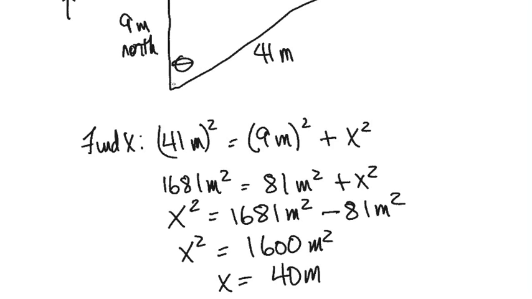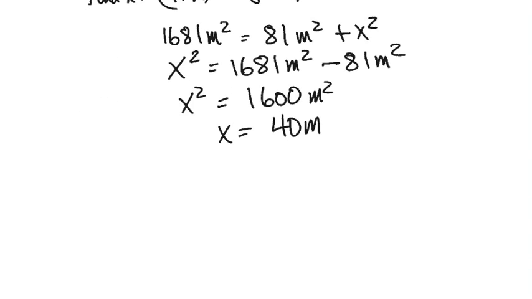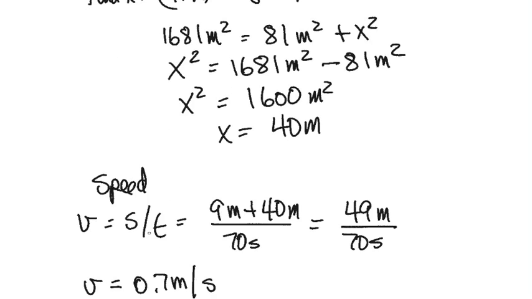So the boy walked 9 meters north, 40 meters east. So to find the speed, I need nothing more than the distance divided by time. The distance walked is 9 meters plus 40 meters, and the time is 70 seconds. And it gives me a result of 0.7 meters per second for speed.